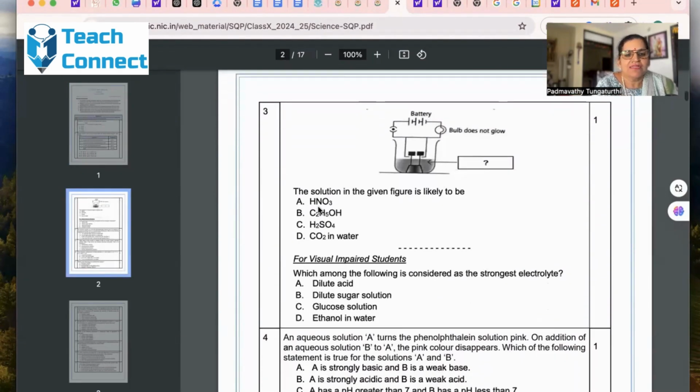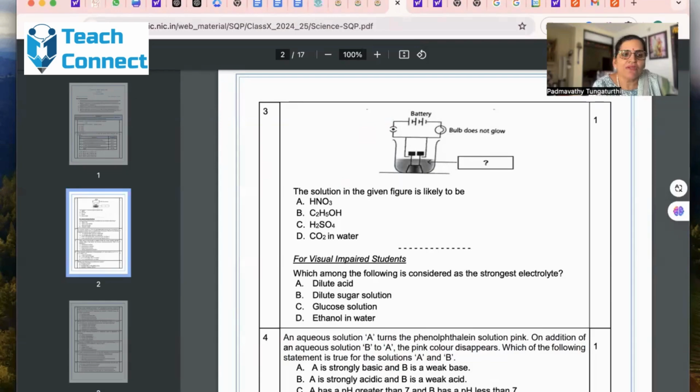Now we can see that the solution in the given figure is likely to be, see, there is a bulb which does not glow. This is very important. This question considers observation skills because it is written here that the bulb does not glow.